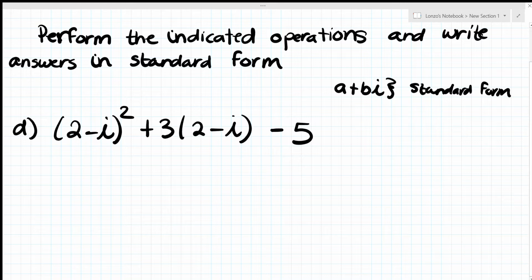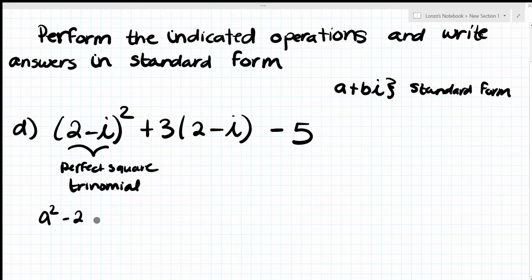So let's simplify this 2 minus i squared. If you don't know the rule, you can just FOIL it out. Or you could use the perfect square trinomial, which is something like this: a squared minus 2ab plus b squared equals a minus b squared, right?